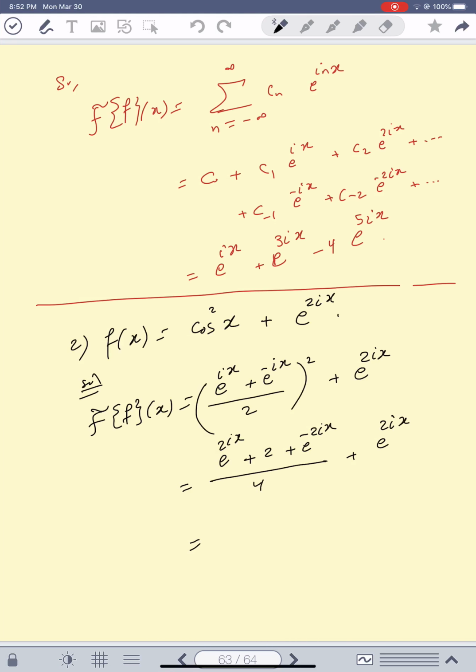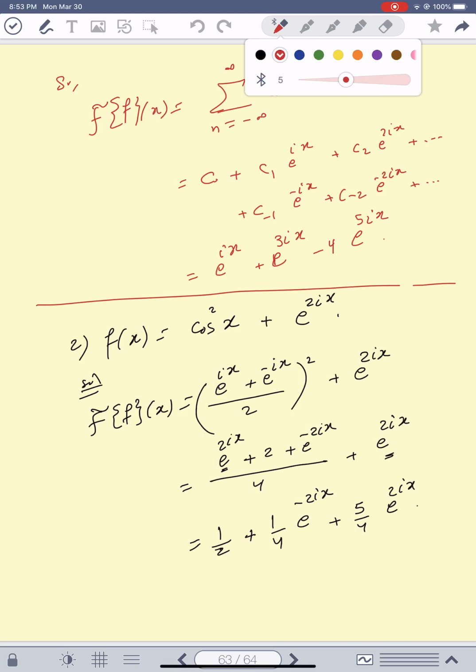And if you collect, it will be 1 over 2, this is the 2 over 4, plus 1 over 4 e to the negative 2ix, plus 5 over 4 e to the 2ix, because you have e to the 2ix here, and you have it here. If you collect them, you will have 5 over 4.